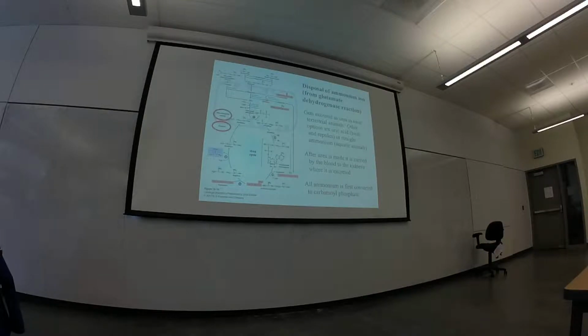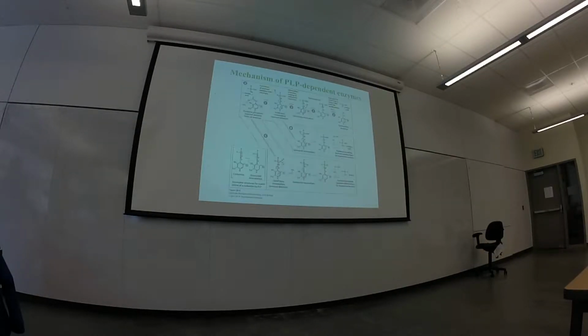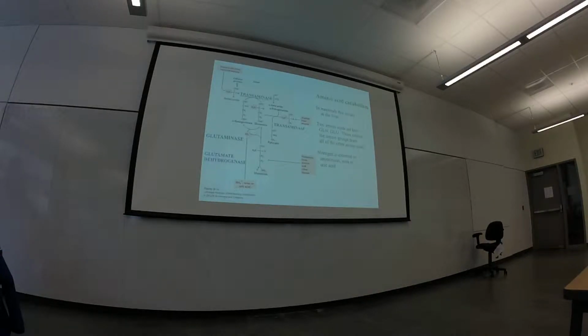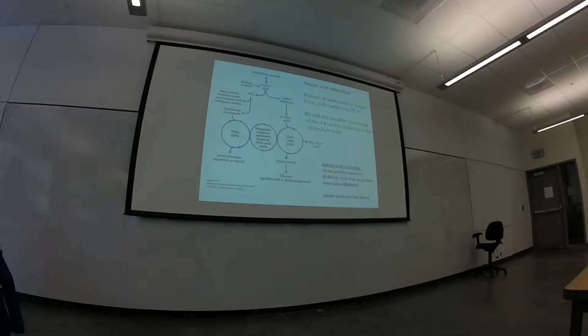Okay, so we talked about nitrogen metabolism a little bit last time, and so we're basically looking at the process by which dietary protein or amino acids from other parts of the body converge into the liver, and then the nitrogen gets excreted.